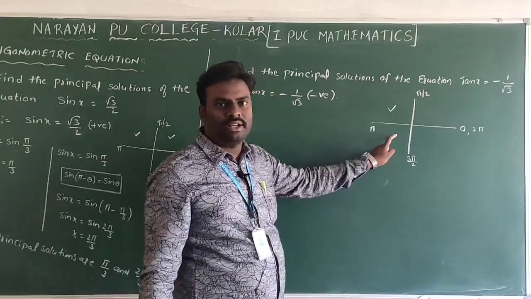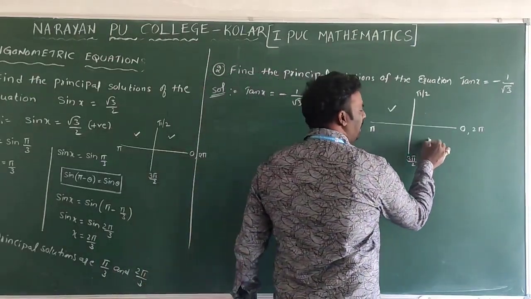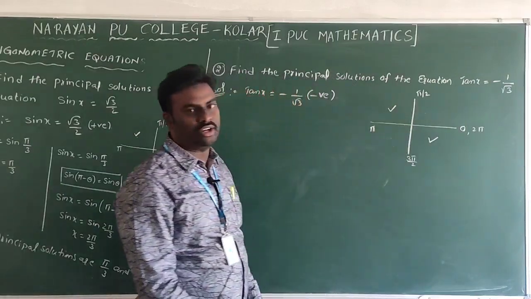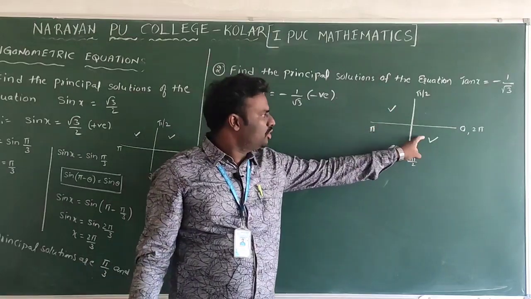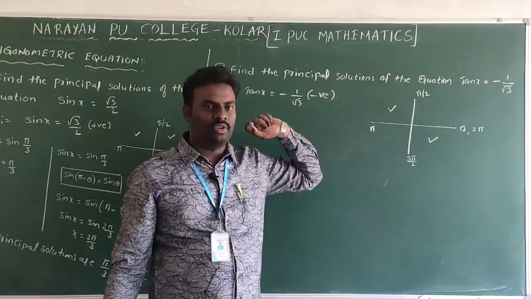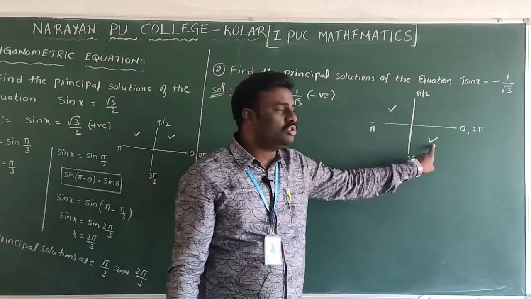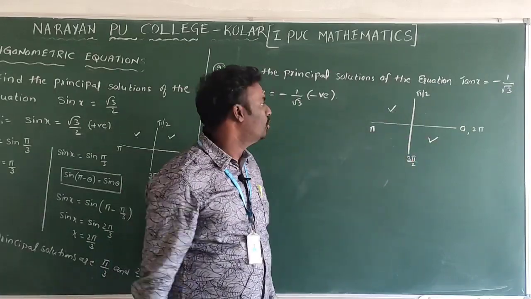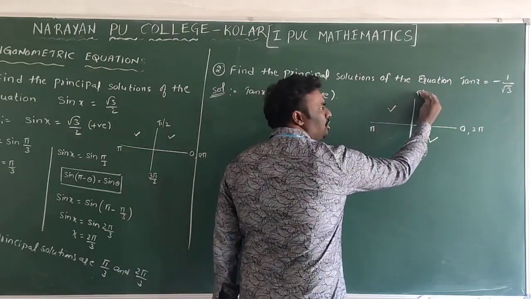In the third quadrant, tan is positive. In the fourth quadrant, tan is negative, according to the ASTC rule. Now, you will get two principal solutions. One solution in the second quadrant, one solution in the fourth quadrant. What is the range of the second quadrant? Between 90 and 180.